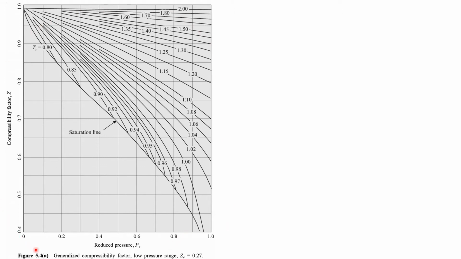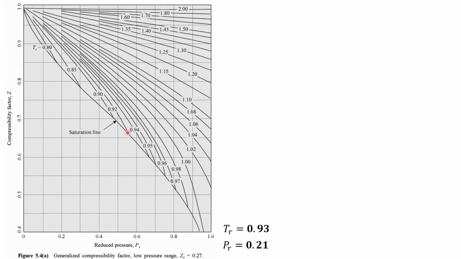So here ZC is constant because all these charts are plotted at ZC equal to 0.27 as a function of Tr and Pr. So in the problem, values of Tr and Pr are known, so we need to identify these 2 points on the chart.